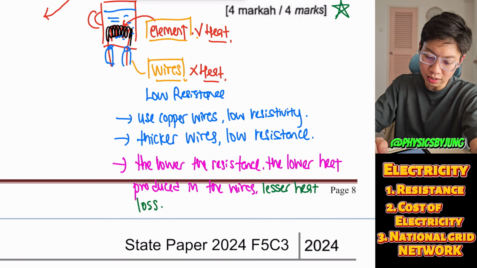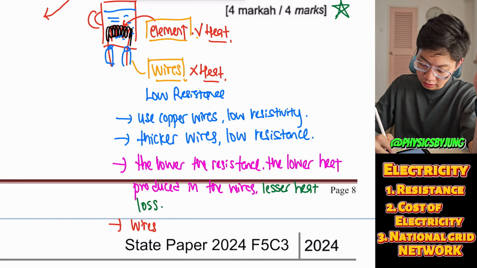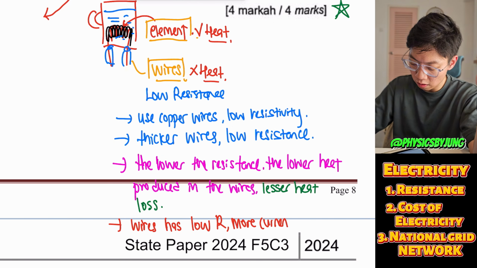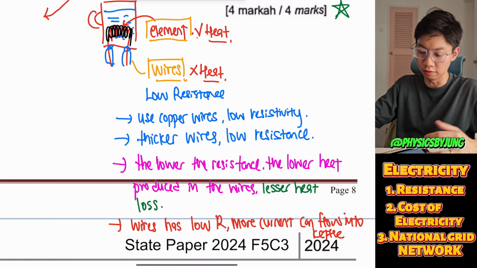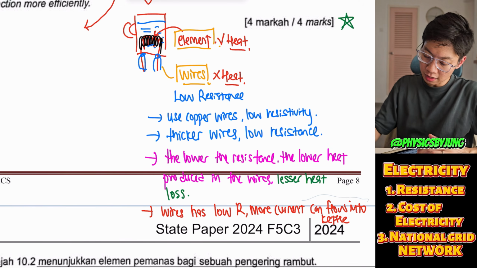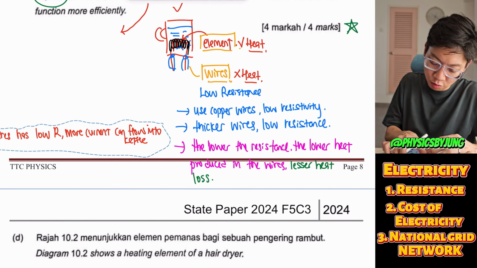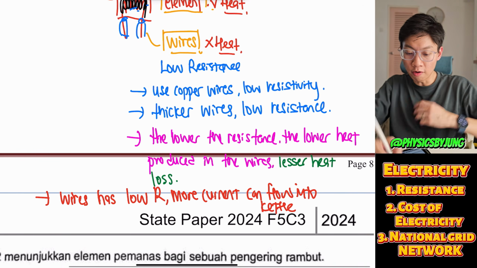Moreover, because your wires have low resistance, there will be more current that can flow into your kettle. So make sure you are aware of how we can write this to become a better answer. So we have 4 points.